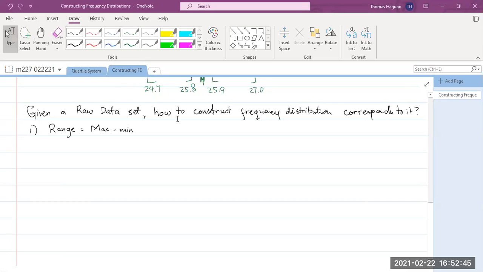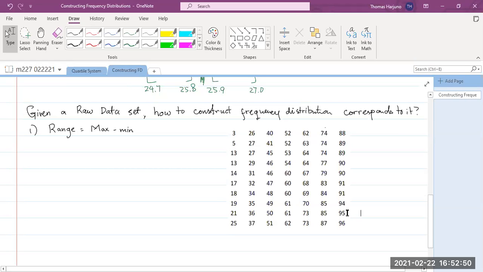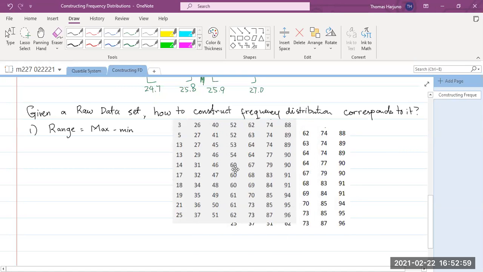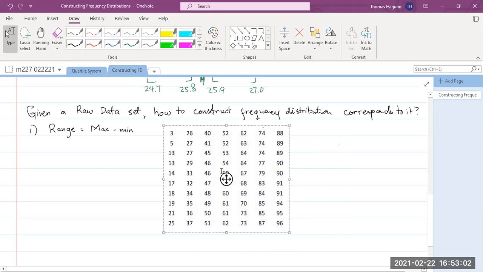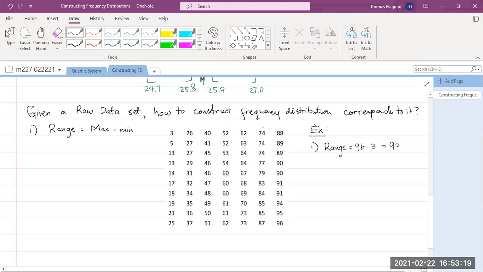Let's say this is the data set. Now, what is the range in this example? Step 1, the maximum is 96, the minimum is 3, so the range is 93.